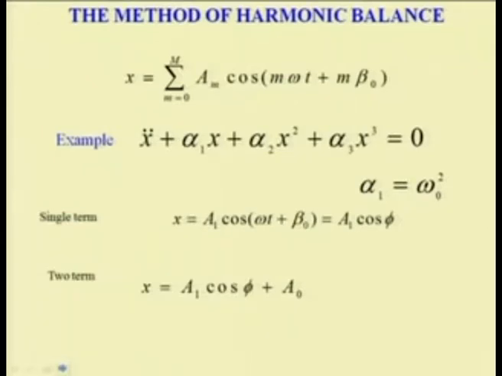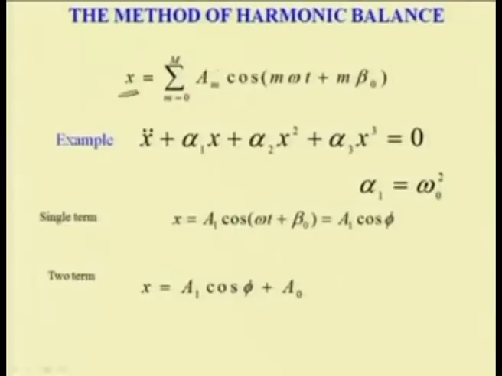one can substitute the response x in the form of a Fourier series. One can write x equal to summation of m equal to 0 to M, A m cos of m omega t plus m beta 0, where capital M is the number of modes we are considering in the solution.